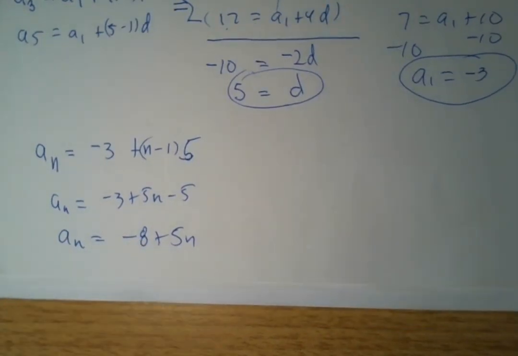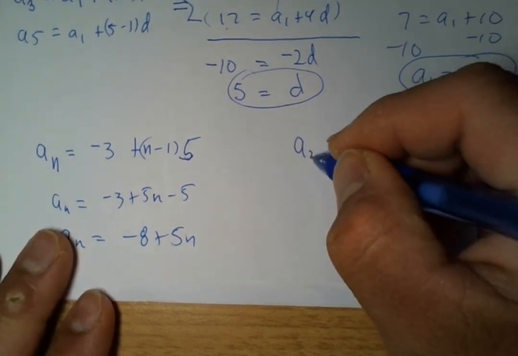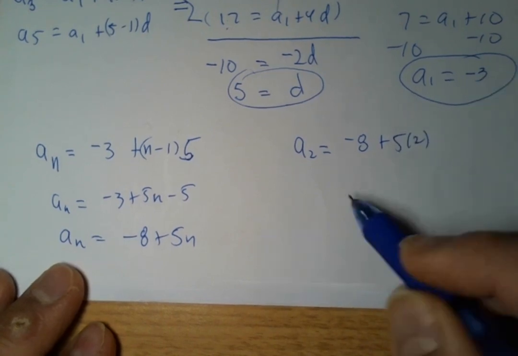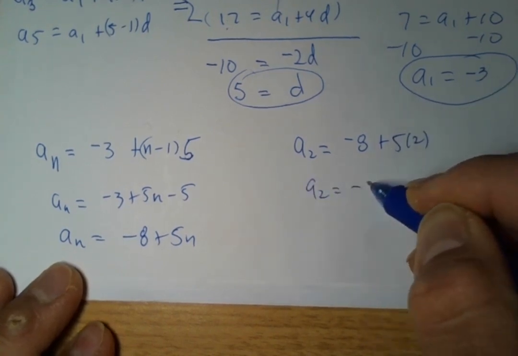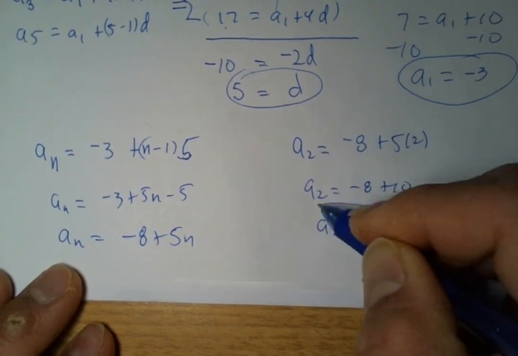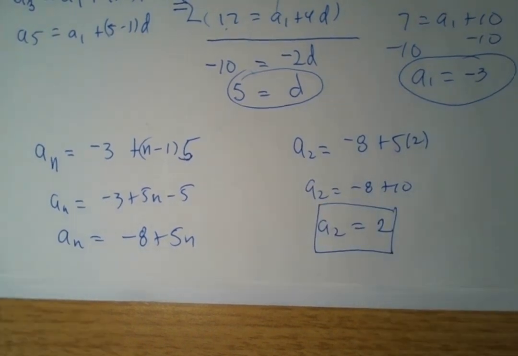That's our explicit formula, and now we're asked to find A2. Plugging this in, we get A2 is negative 8 plus 10. A2 is 2. And that is how we can solve this problem.